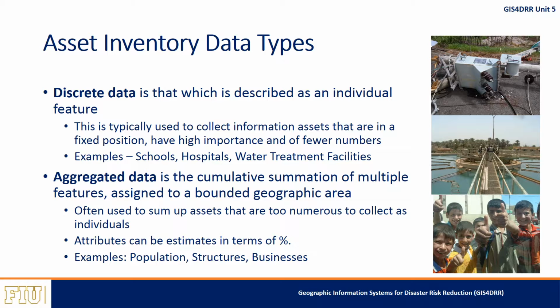So asset inventory comes in two major data types. Most models work this way, where you have discrete data. So you have an individual feature, like maybe a clinic, a school, a hospital, or a water treatment facility.